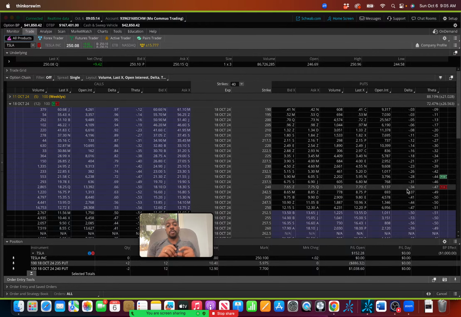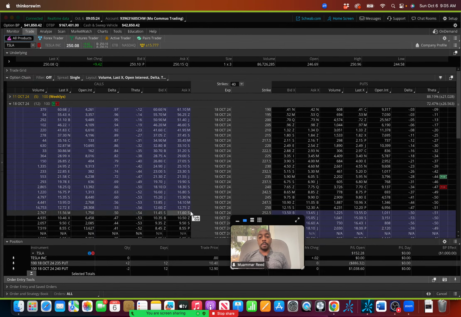So with spreads, I want to get in higher and then buy it back lower. If I'm buying calls, I want to buy calls for lower and then sell it for higher, right?